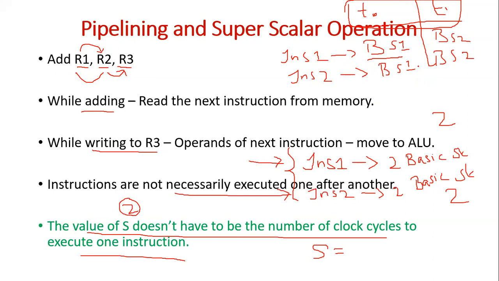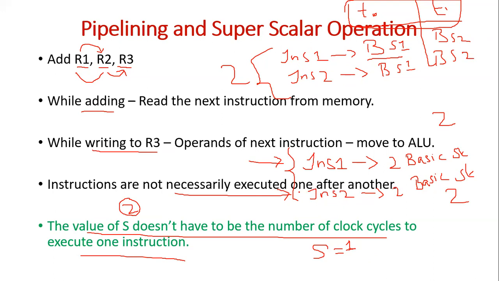So how many clock cycles will one instruction take? It is one, so S will become one. Two instructions you are completing in two clock cycles, so for one instruction it takes only one clock cycle. So the effective value of S is reducing.